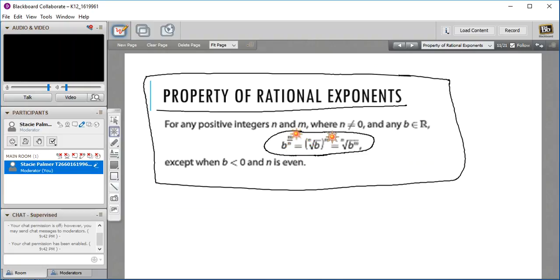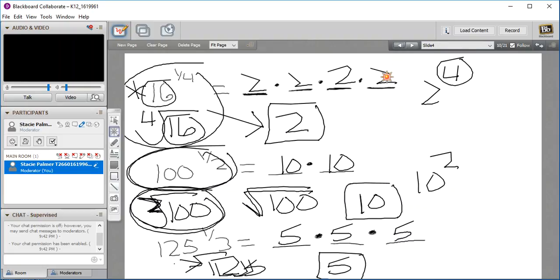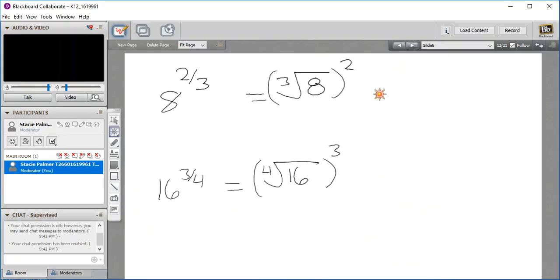The top number of the fraction becomes our power that it is raised to. Okay, so 8 to the 2/3 is equal to, okay, you can see that the bottom number of the fraction becomes our root, and then the top number of the fraction becomes our exponent. So 8 to the 2/3, when we rewrite that, it becomes the 3rd root of 8 squared.